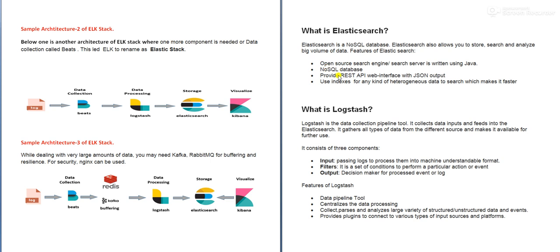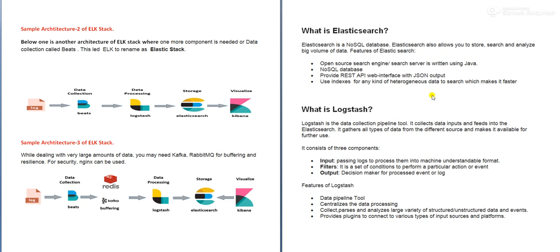It is a NoSQL database and also provides a REST API web interface with JSON format. It uses indexes for any kind of heterogeneous data to search, which makes it faster. The data will come from different platforms and different sources, that kind of heterogeneous data, so due to indexing the data processing becomes faster.